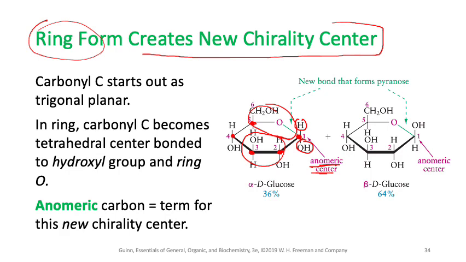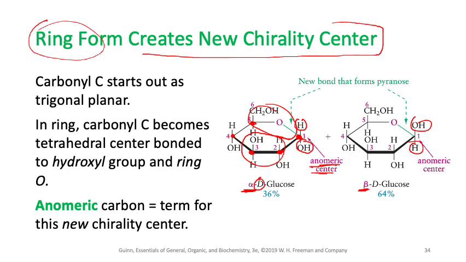right? And what's special about this anomeric center? The OH group and hydrogen on this anomeric carbon can be flipped. It can be present on the top or on the bottom, or vice versa, like in this case, right? So if the OH is present on the bottom on this anomeric carbon, we call this the alpha isomer, and if the OH is present on the top, we call it beta in the cyclic form.